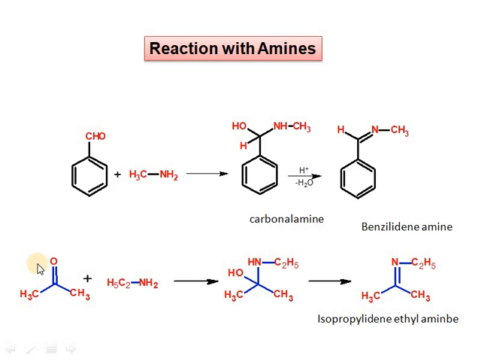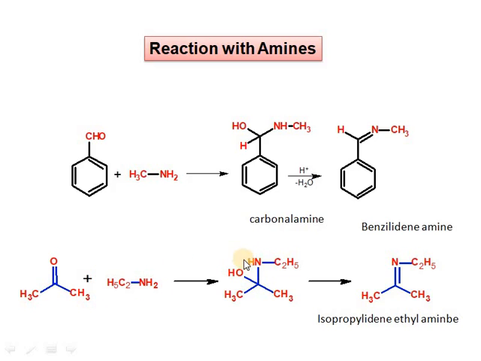Another carbonyl compound, a ketone, that is acetone, can be treated with ethylamine. Then what happens? The lone pair of this nitrogen attacks the carbonyl carbon and forms a negative charge on oxygen. The oxygen picks up a proton from one of these hydrogens to form OH. Then after formation of the OH, an NH is there.